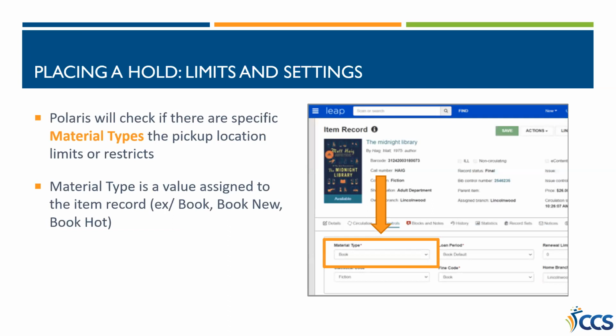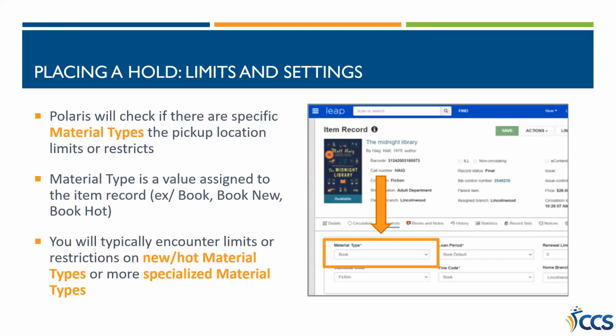So these are the category of item like book, book new, book hot, that's assigned to each individual item. And you're typically going to encounter limits or restrictions when it comes to things like new items or hot items, or more specialized material types, like your library of things, equipment, or things like your mobile hotspots.